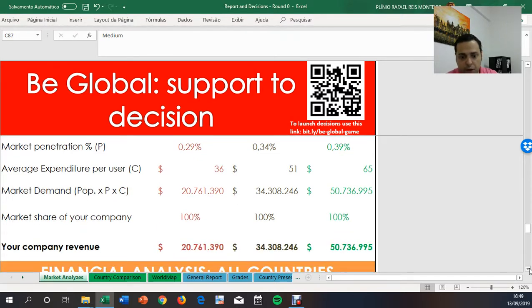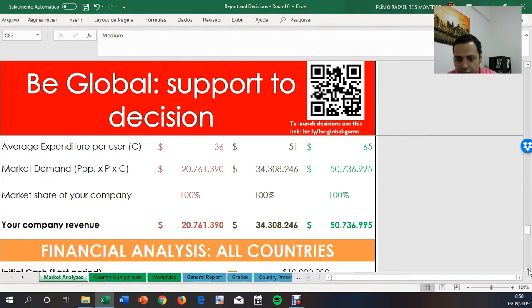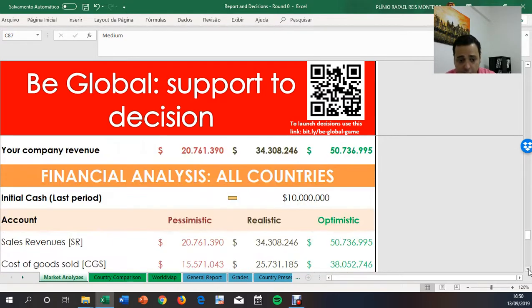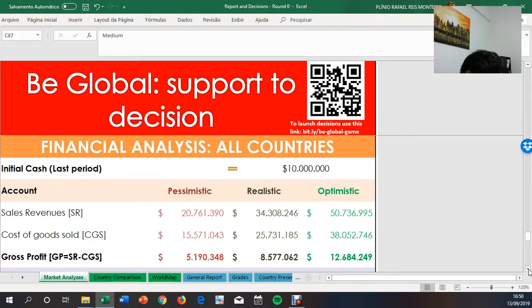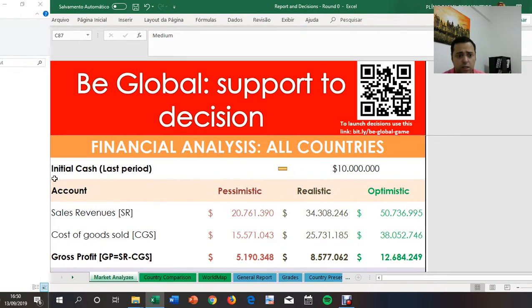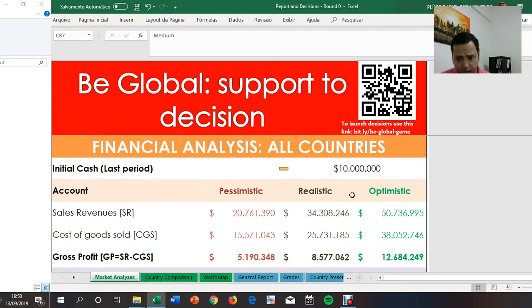Since I'm operating alone in that country, I expect to have 100% of that market. So this also means that the revenue of my company will vary between $20 million and $50 million just in the first year. And we also have other dimensions now. I started the business with $10 million.